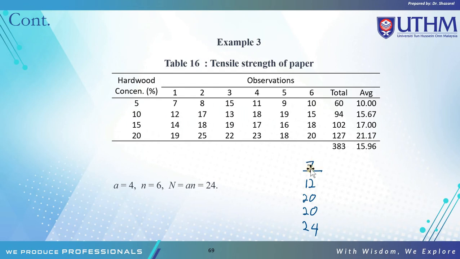So this is the 7th: 1, 2, 3, 4, 5, 6, 7. I add another one for each percentage of hardwood concentration: 12 for 5%, 20 for 10%, 20 again for 15%, and this one for 20%. It should be put in here.